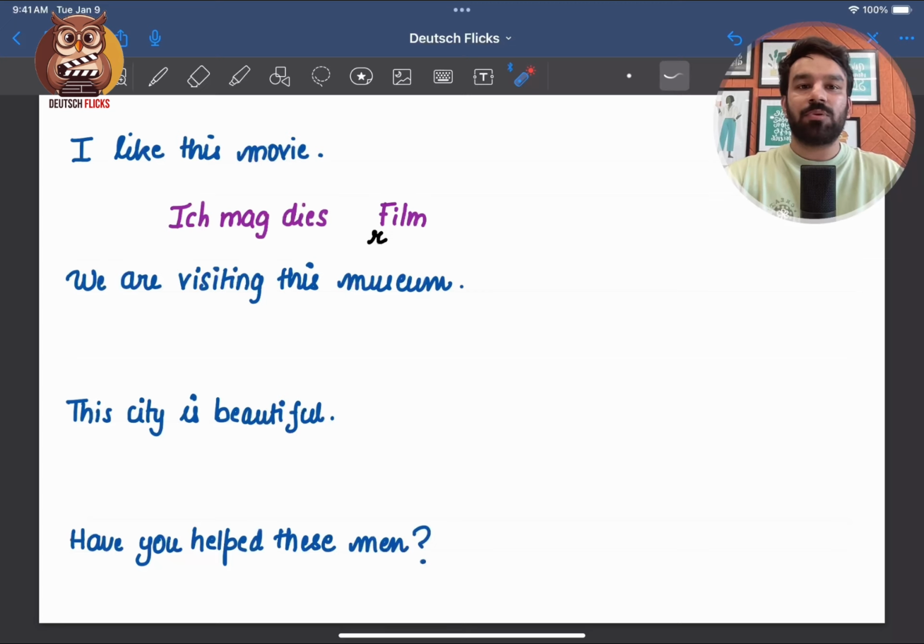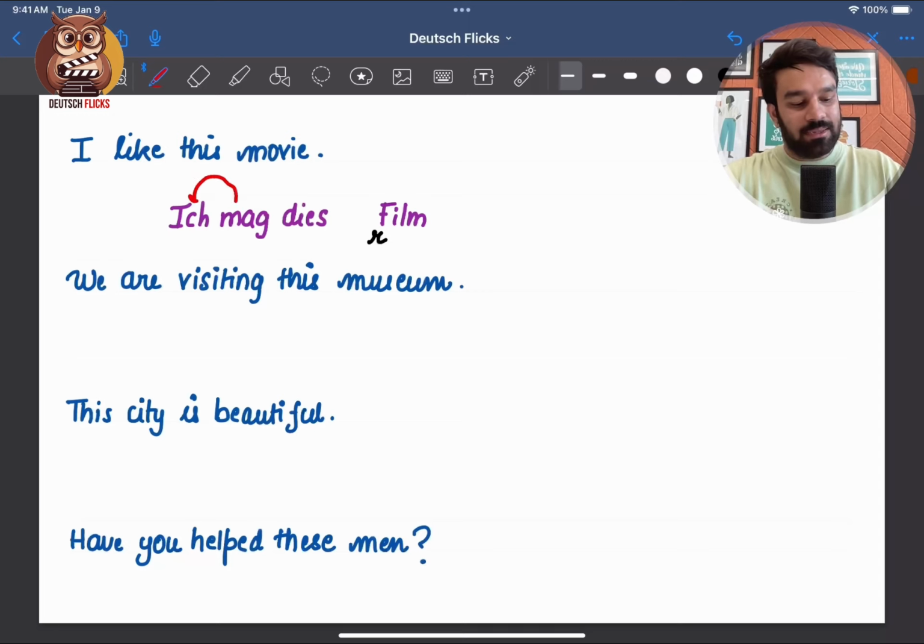Now we just have to see what the case is. Now mögen is being conjugated according to ich. That is the subject of the sentence. Subject is always in the nominative case. That means this movie will be the object. This is the direct object, and the direct object will take which case? It will take the accusative case. How does der change in the accusative? It changes to den. So we'll write here diesen.